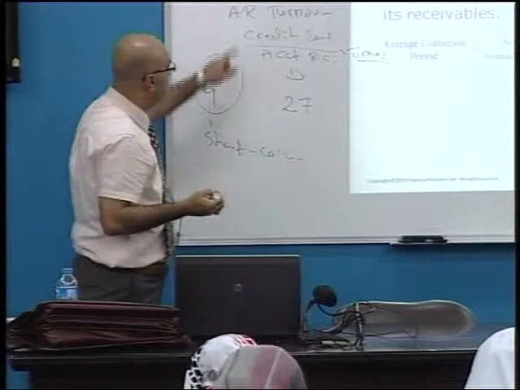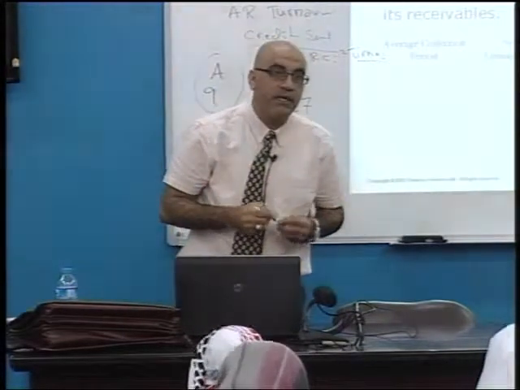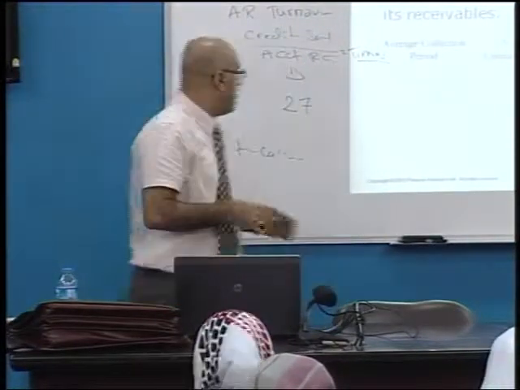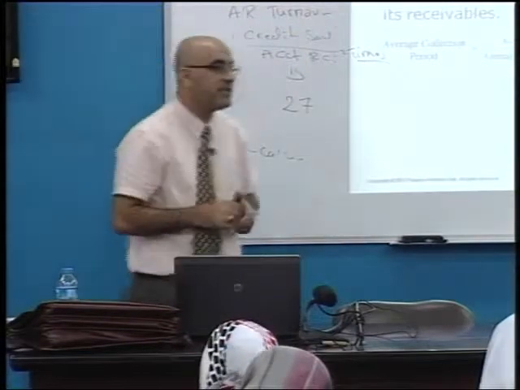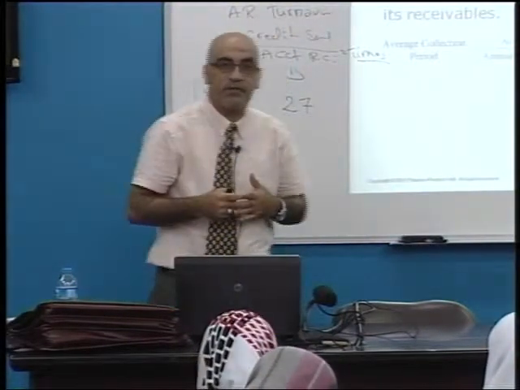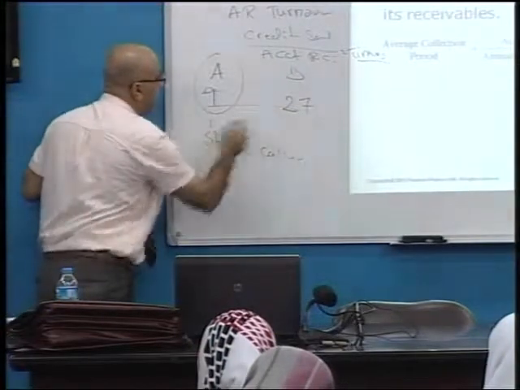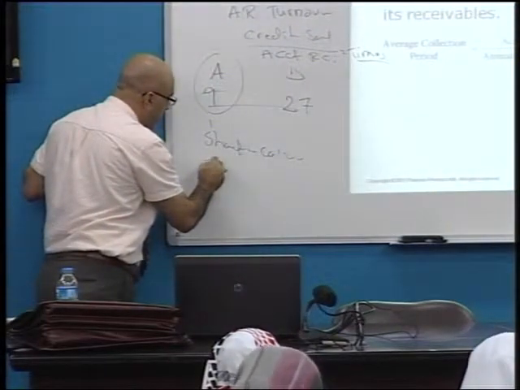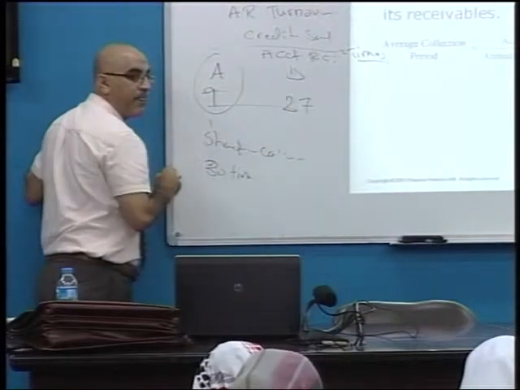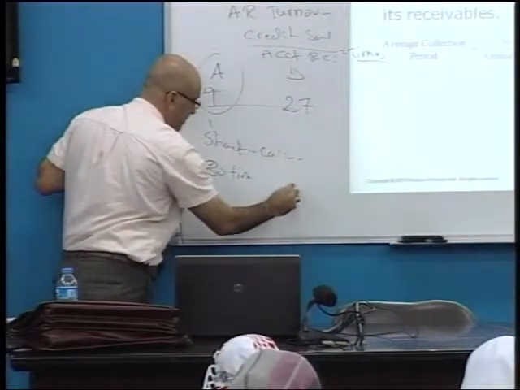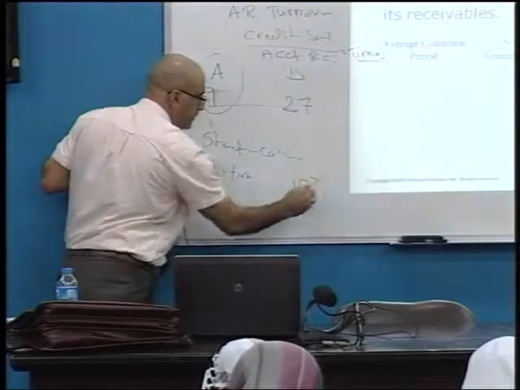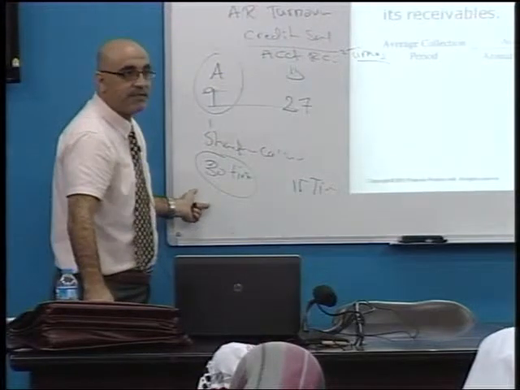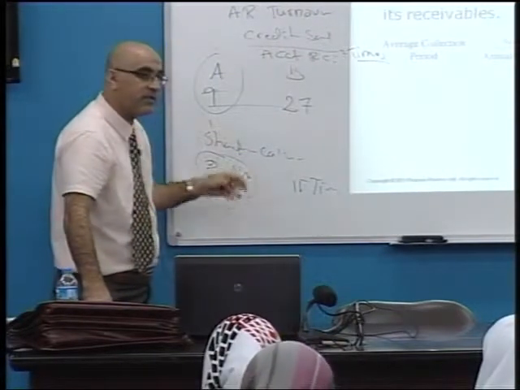According to this account receivable turnover, how many times does the business convert the account receivable into cash? And we expect that a business has higher times than the other business. For instance, if company A has 30 times and company B has 15 times, it means A converts receivables into cash more often.